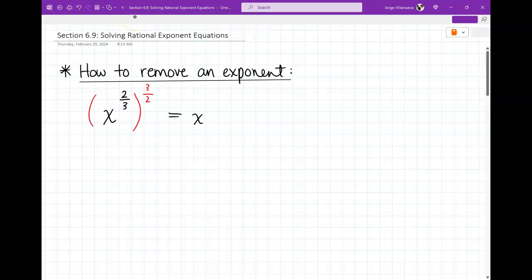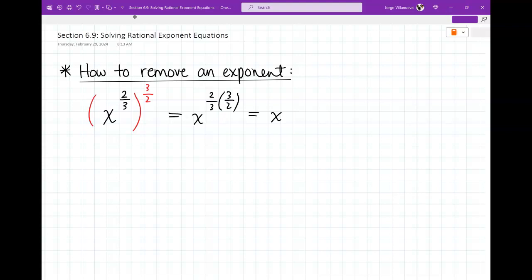You multiply them, right? So 2/3 times 3/2. Well, what happens to that? That's x to the what? It's 1. Yeah, x to the first. In other words, it's just x. So the way you get rid of fractional exponents is to raise them to their reciprocal power.